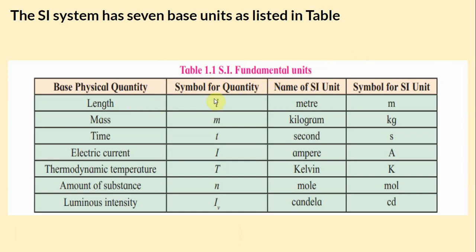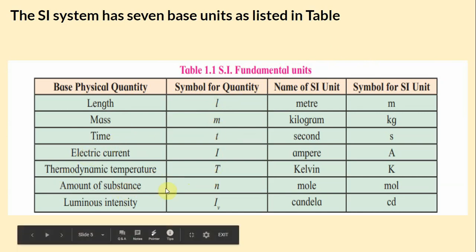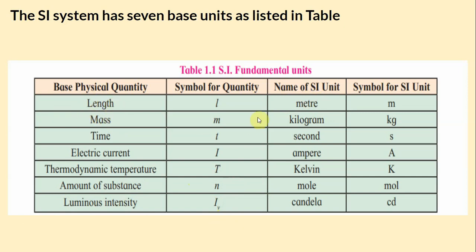The symbol for length is L, mass M, time T, electric current I, temperature T, amount of substance small n, luminous intensity capital I. Now, the names of SI units. Length is a physical quantity, and its SI unit is the meter, m.